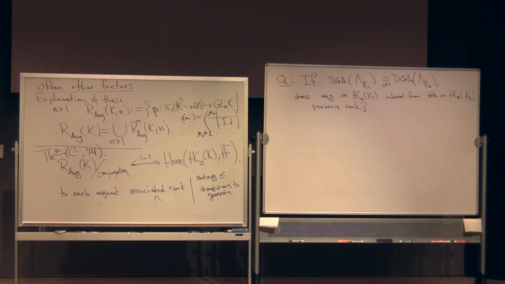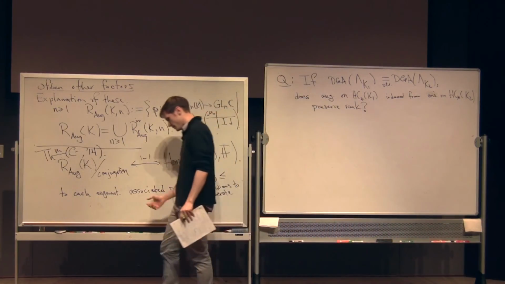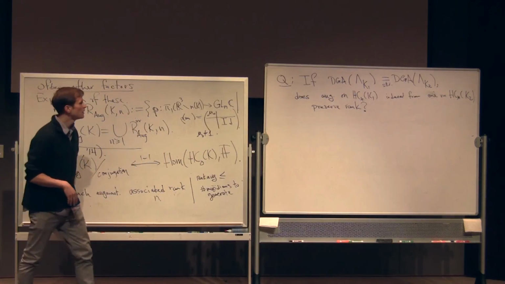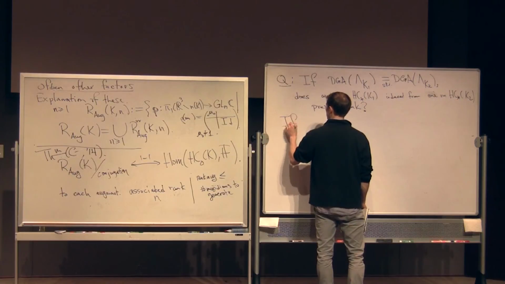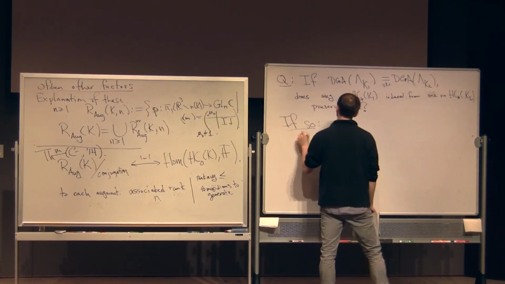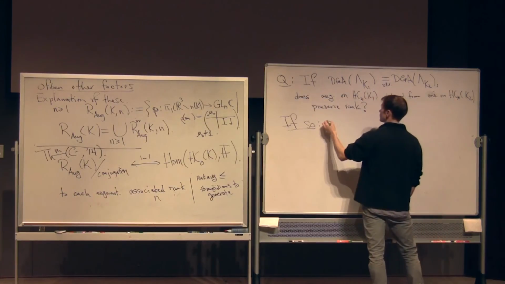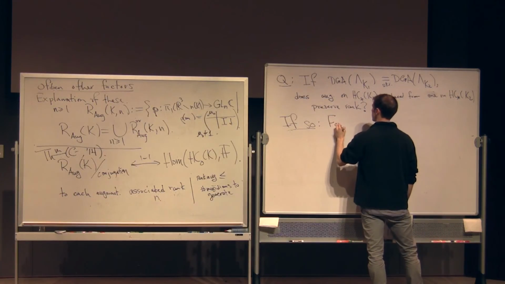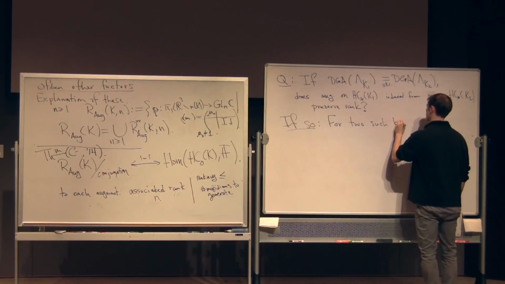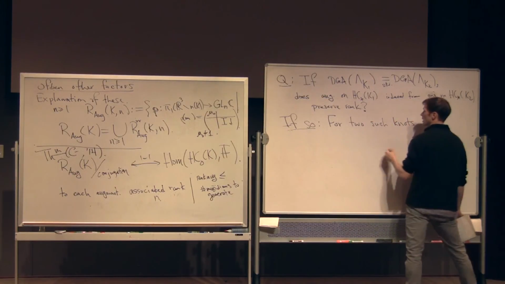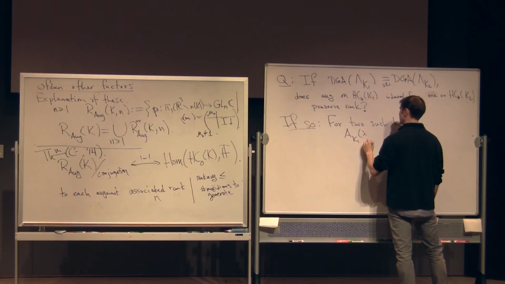For my initial construction, it's not clear, and I've got work in progress where this question would be answered in the affirmative. If so, then for two such knots, their A polynomials would have to agree.